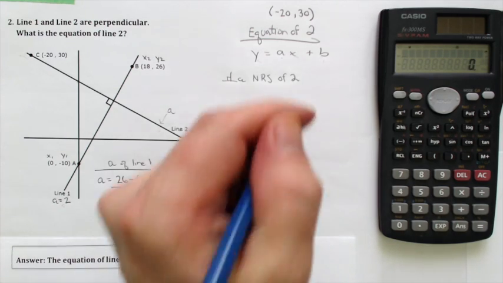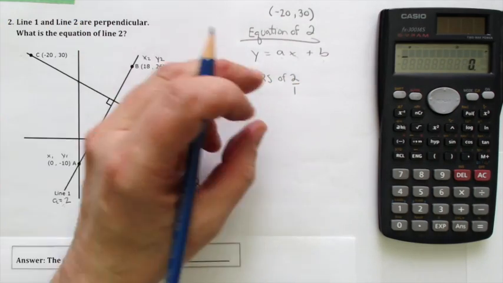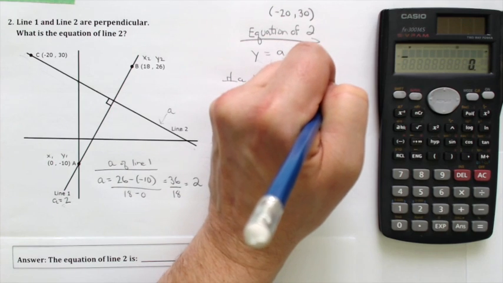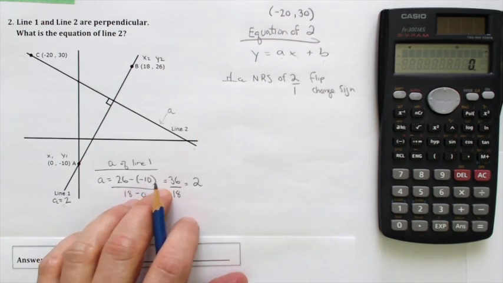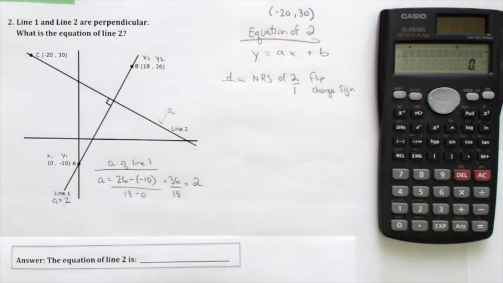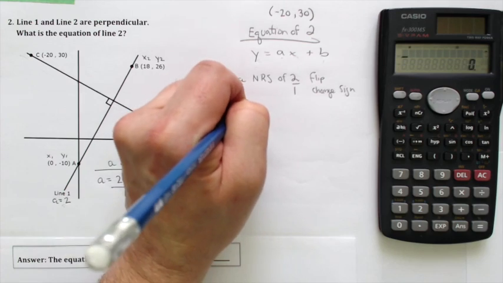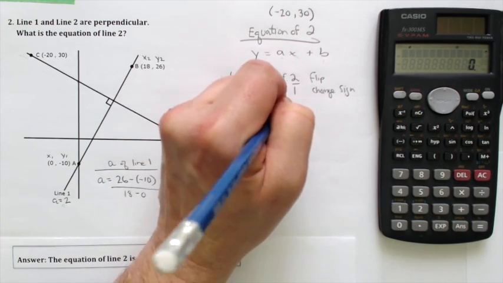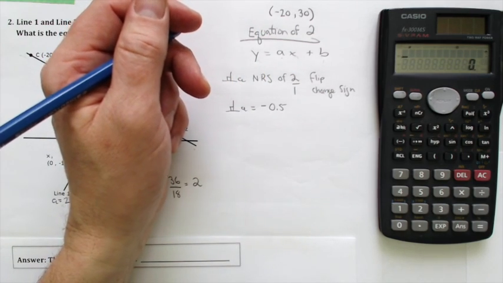The way to do that is we're going to make it into a fraction, flip it, and change the sign. It's going to become 1 over 2 when I flip it, and because it's originally positive, my new perpendicular A will be equal to negative 0.5. 1 divided by 2, and then changed into a negative.